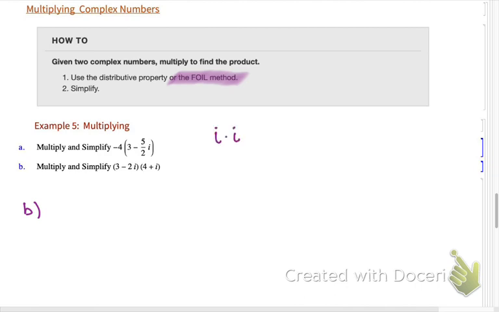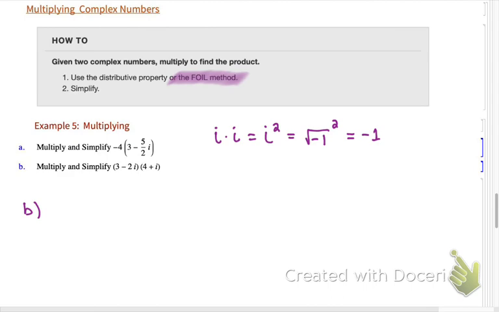So what is i times i? Well, of course, just like x times x, that's going to be i squared. And we know that i is the square root of negative 1, and we're going to be squaring that square root. And squaring a square root, they cancel each other. So it turns out that i squared, or i times i, just ends up being minus 1.